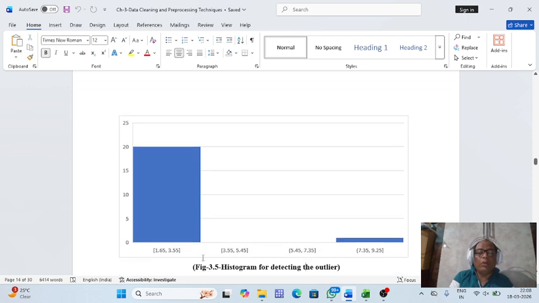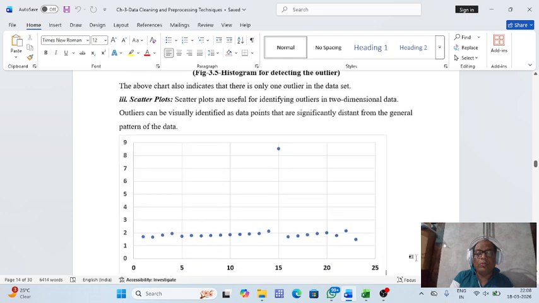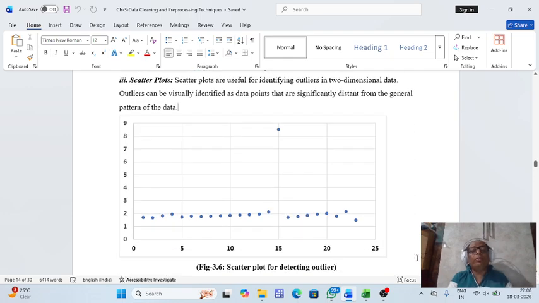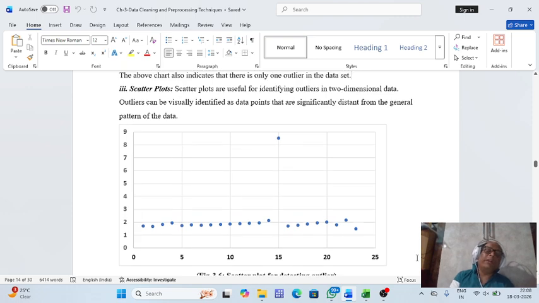Similarly, if you go for a histogram with the same data, it is saying that around 20 students are between 1.65 to 3.55 meter, and only one student is between 7.35 meter to 9.25 meter. So it is another way of finding out the outlier.